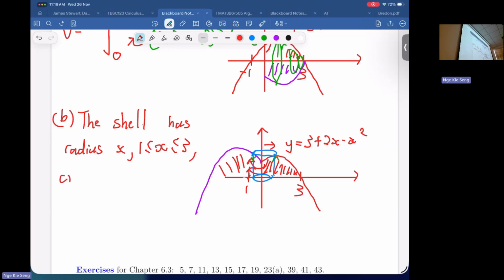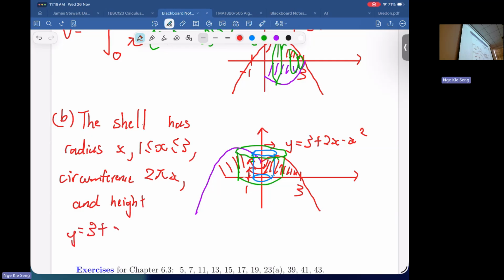And then the circumference will be 2 pi x immediately, because 2 pi r. And what's the height? Can you see that if I change the radius, my height would change? My height will change based on my function y, 3 plus 2x minus x squared.